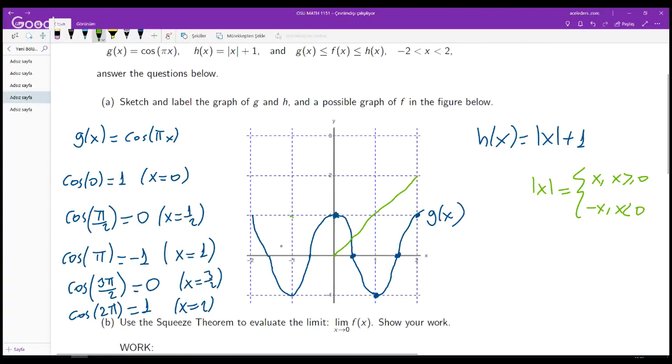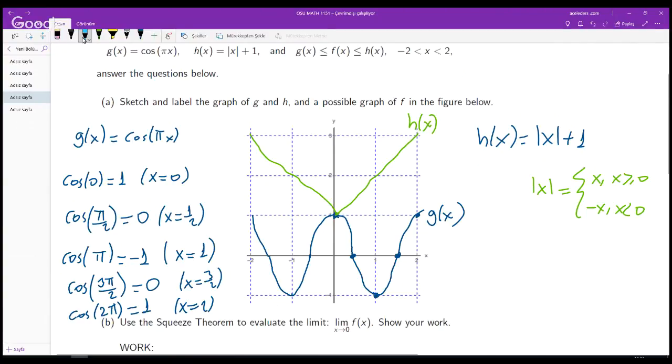And I sketch y equals minus x when x is smaller than 0. But as you can see, now I've just sketched the absolute value of x. But h function is the absolute value of x plus 1. So I must shift this function 1 unit upwards. Okay? So therefore, the sketch is like this. So I erase the previous sketch. So I have h(x) here.